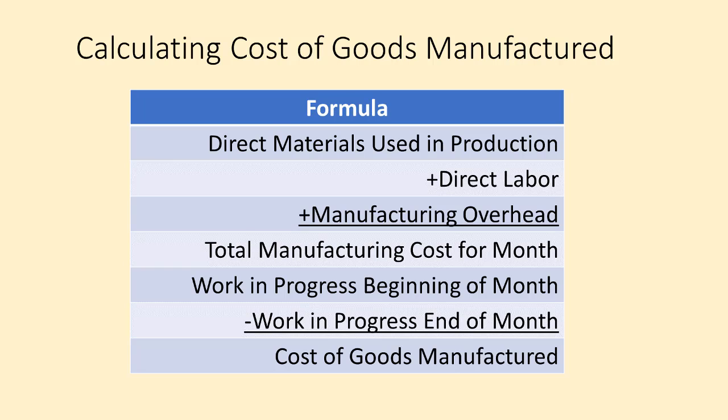We add to that the work in progress at the beginning of the month. This represents the value of the unfinished items that were still in production when the month began. We subtract out the number of units still in production when the month ended. That gives us the total of the cost of goods manufactured. We're going to take a closer look at this in the next slide.